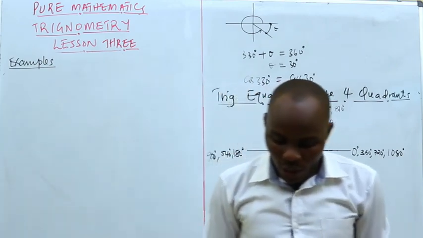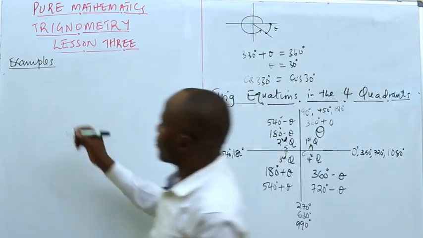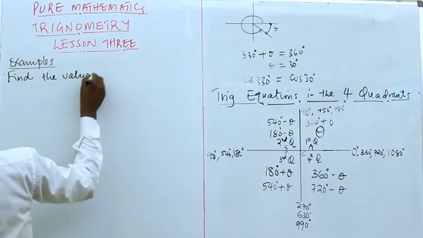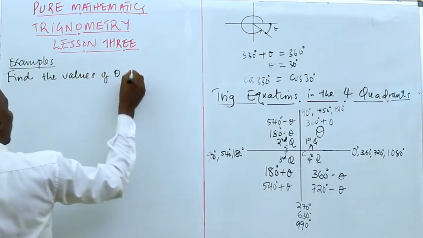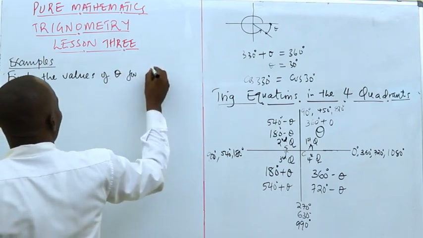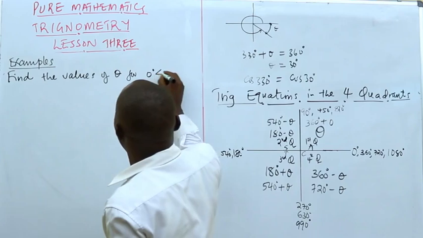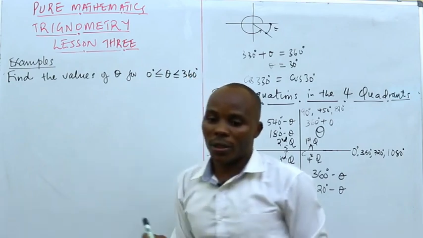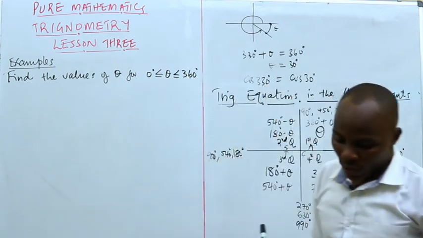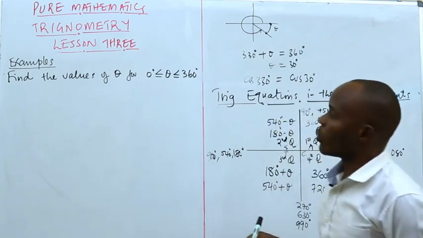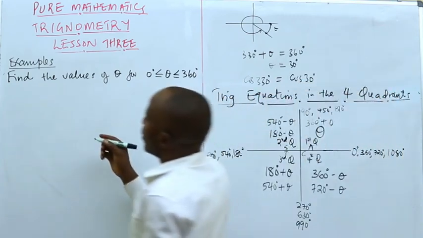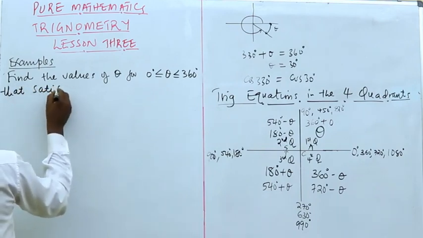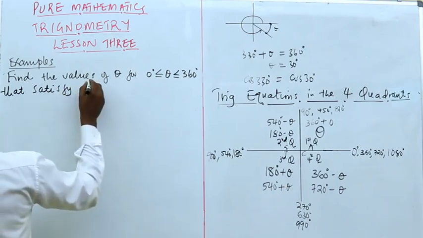Find the values of theta for 0 degrees less or equal to theta less or equal to 360 degrees that satisfy the following.